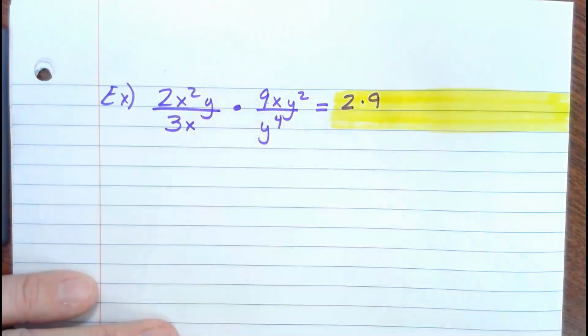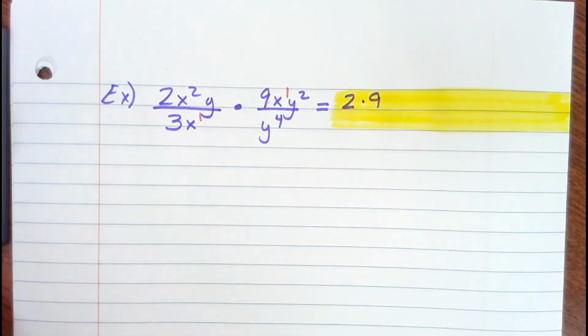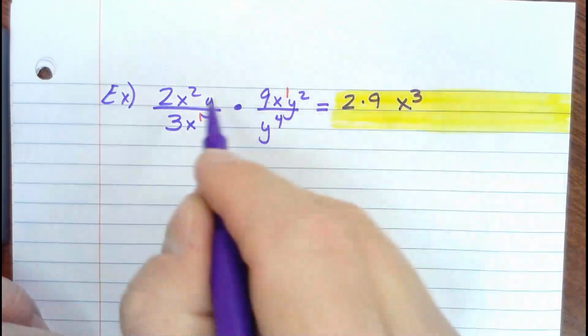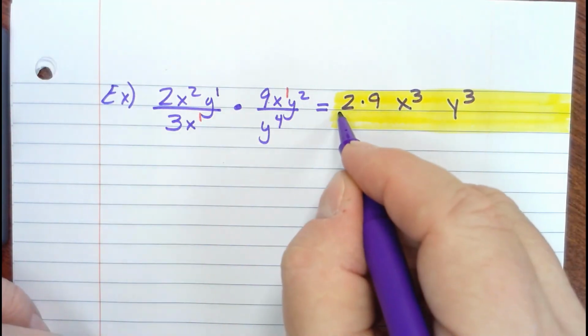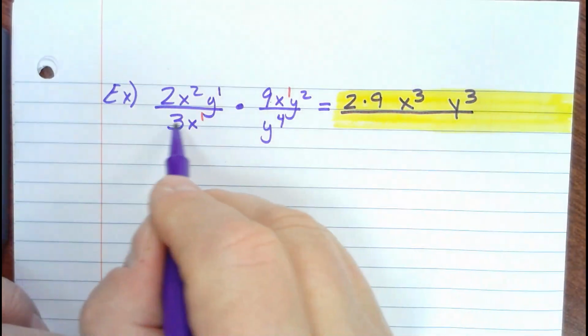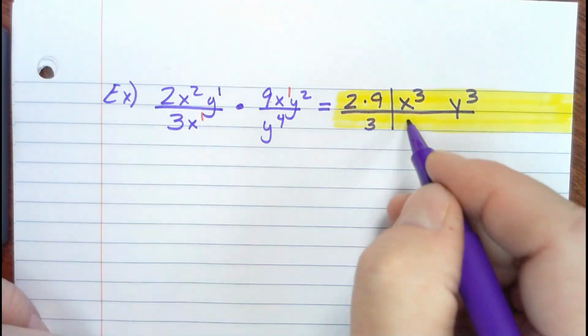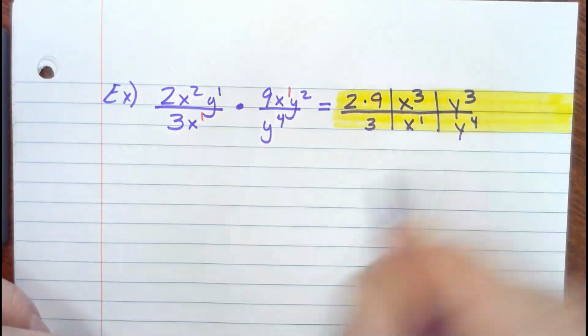But as far as the x's go, I can see that there are 3 x's in the numerator, and quickly that there are 3 y's in the numerator. In the denominator, I have a big number, a coefficient of 3. I have x to the 1st and y to the 4th.